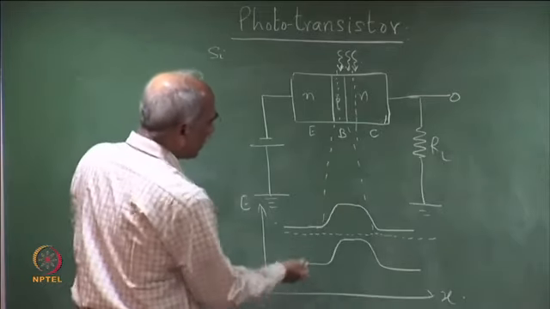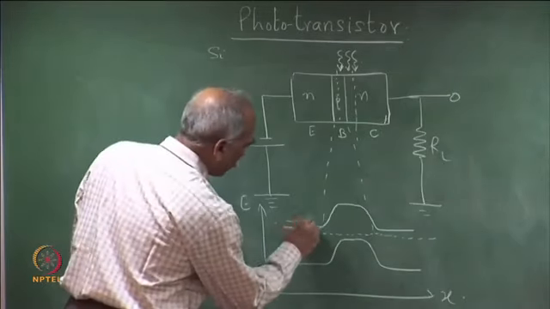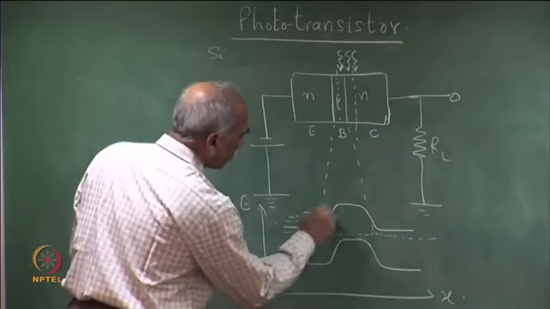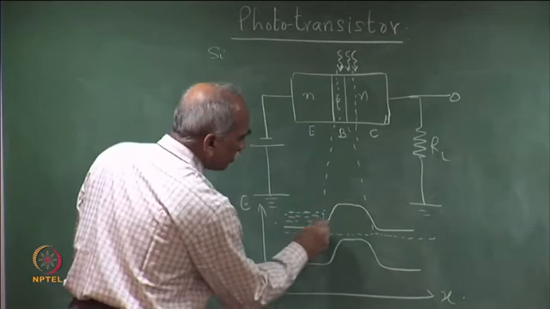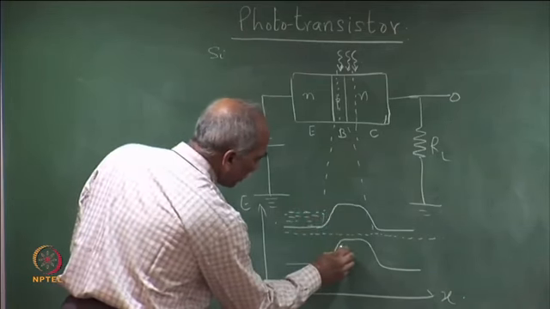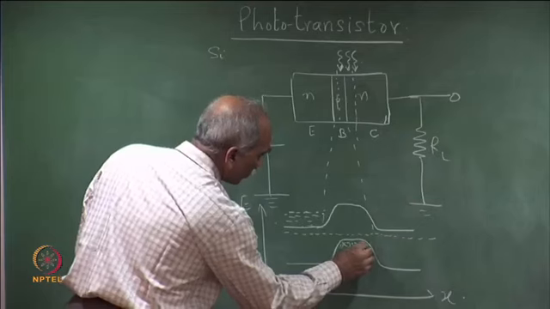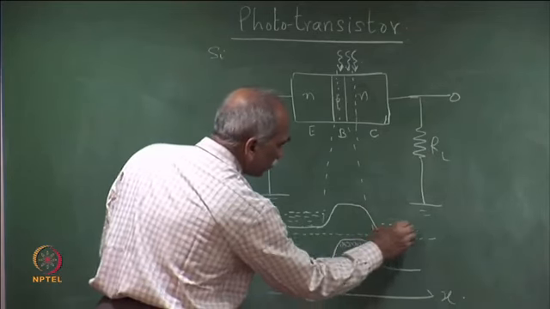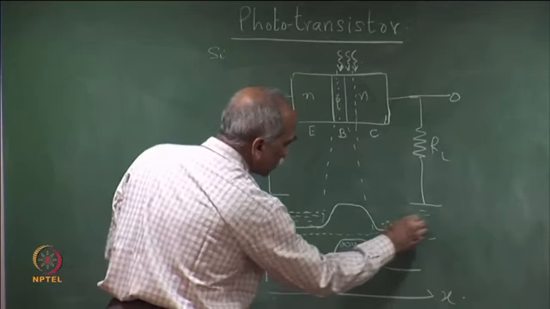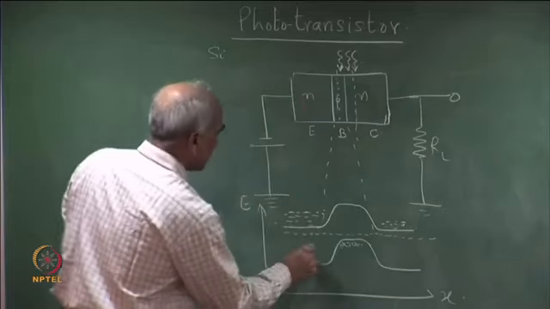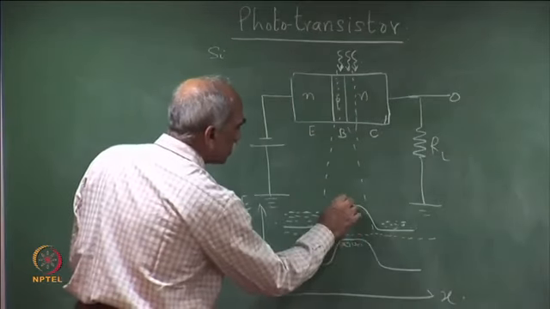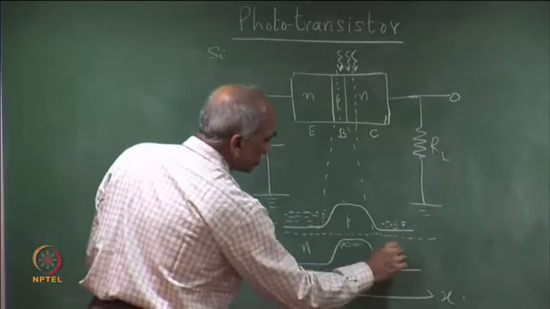It is a relative bias. You have plenty of electrons here, there are holes here, and again plenty of electrons because this is the n side. So, this is N, this is P and this is N.